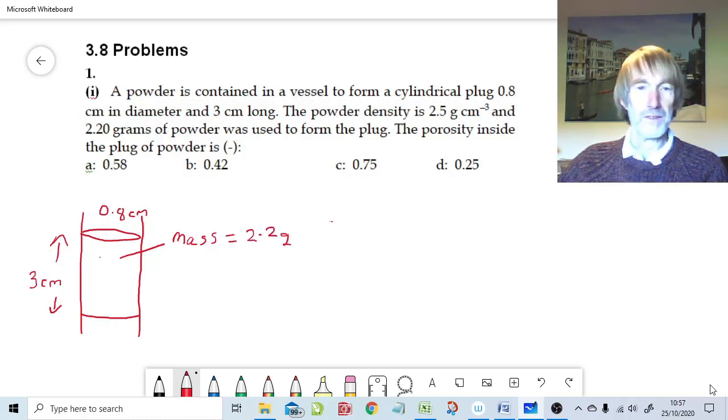And we know that the density, and I'll use rho s for solid density, solid density is 2.5 grams per centimetre cubed. Let's call that mil. It's the same as centimetres cubed, but easier to write.